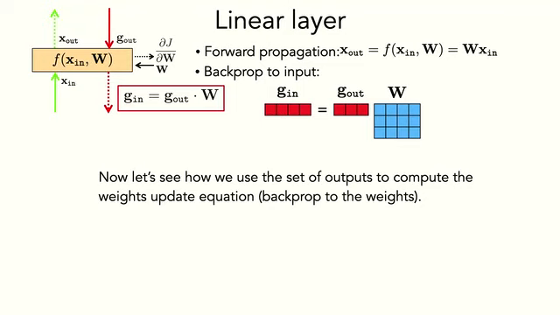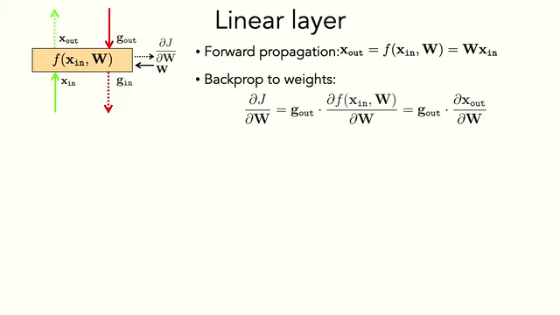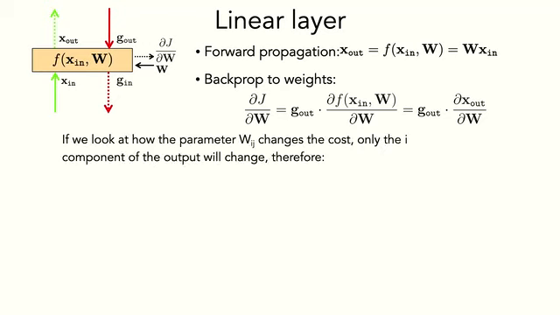And finally, let's see how we use those outputs to compute the weights update equation. How do we actually do backprop through to the weights? That looks like this. We're trying to take the partial derivative of the cost with respect to those weights, and that's going to be the output gradient multiplied by this partial derivative. If we look at the parameter wij and how that parameter changes the cost, only the ith component of the output is going to change.